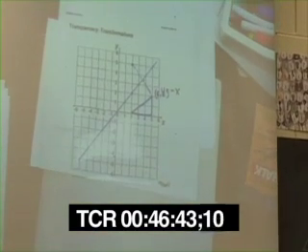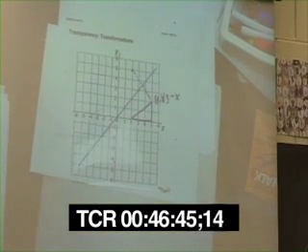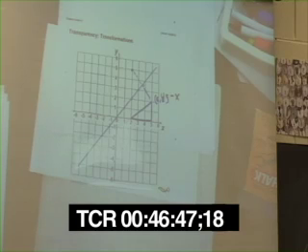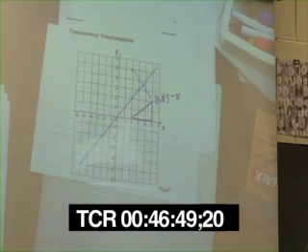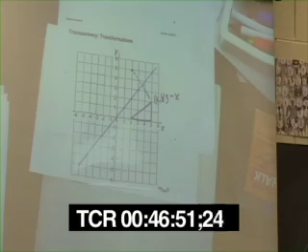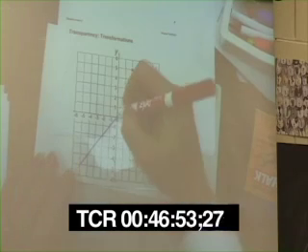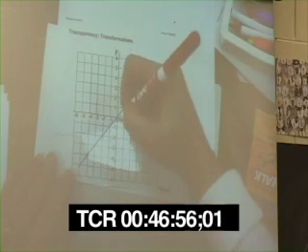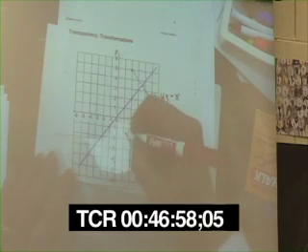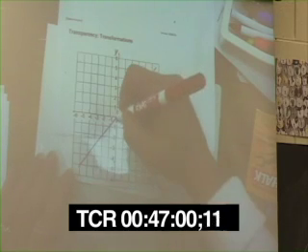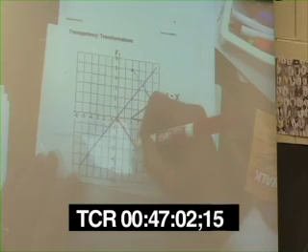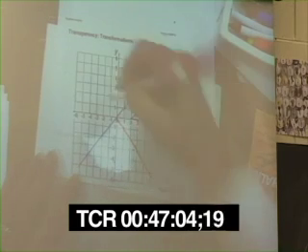Now you have a red pen. Can I use a red pen? What does that one look like? Y is equal to the opposite of x. Instead of it going through 1, 1, it goes through 1, negative 1. And you would have that right there.